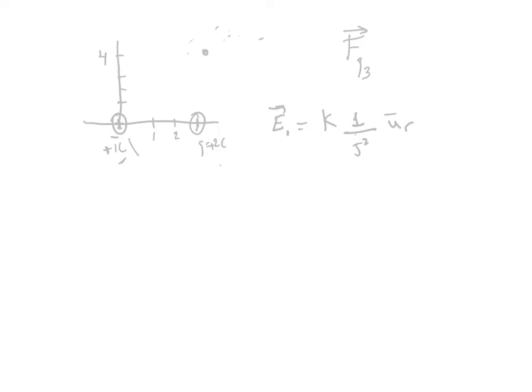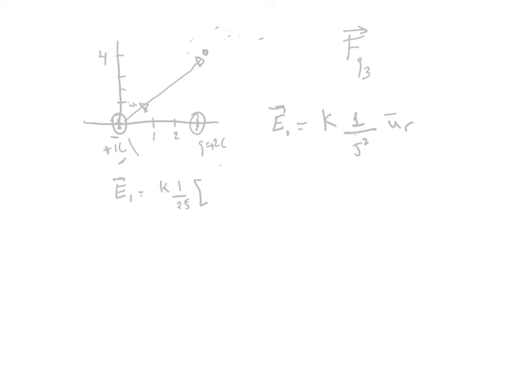The direction we have to calculate again. So E1 will be K 1 over 25, and the direction of U sub r will be the vector position from the source divided by the magnitude.